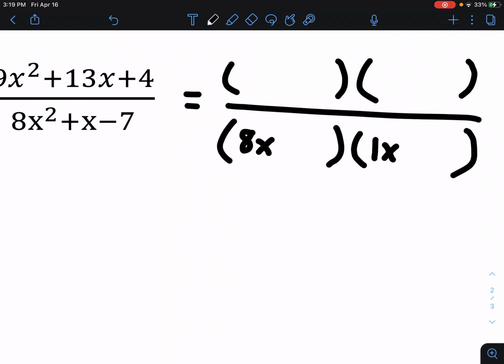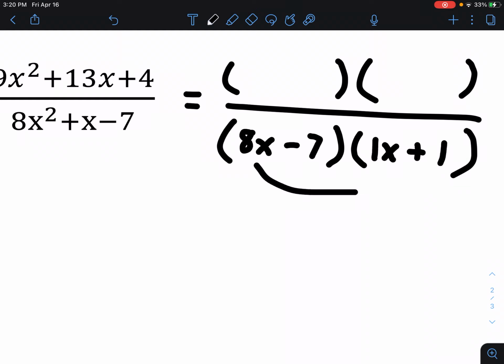It's going to be 1 and 7, but one of them has to be positive, one of them has to be negative. If I put the 7 here, the problem I'm going to have is 8 times 7 is 56. So that gets me way too far away from the number that I want, which is just 1. So I'm thinking the 7 has to go here, the 1 has to go there. And I'm kind of thinking this one needs to be negative and this one needs to be positive.